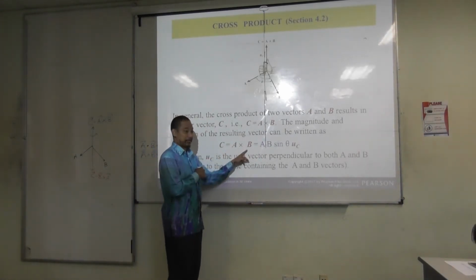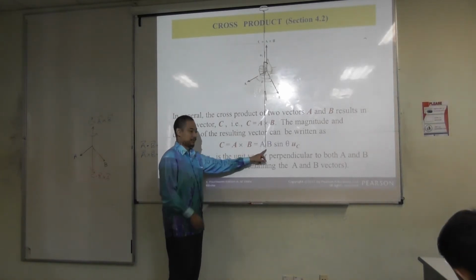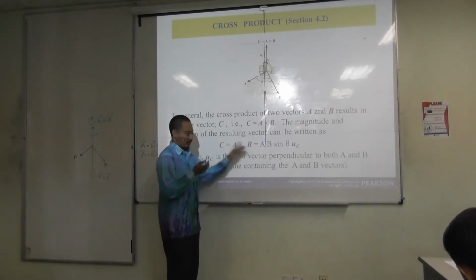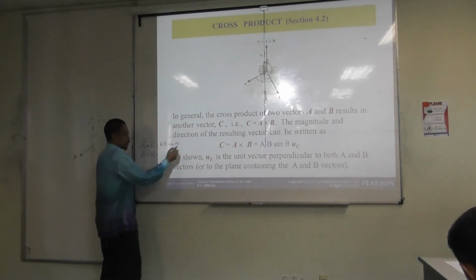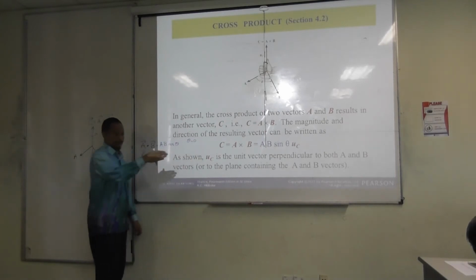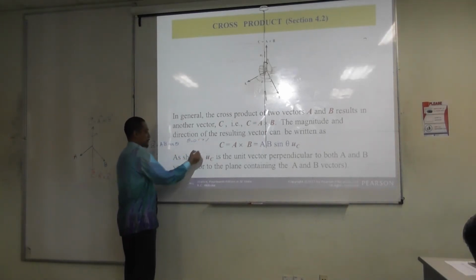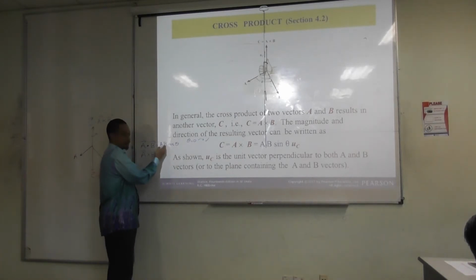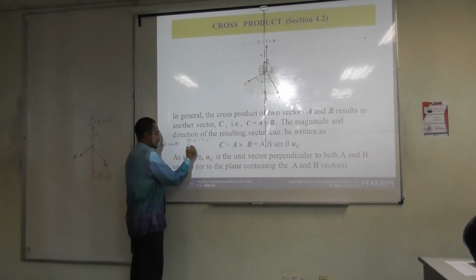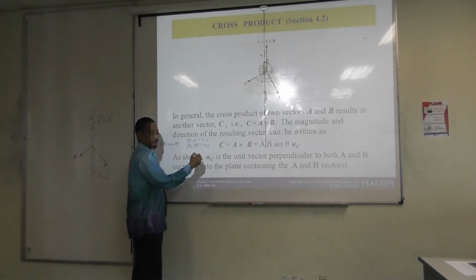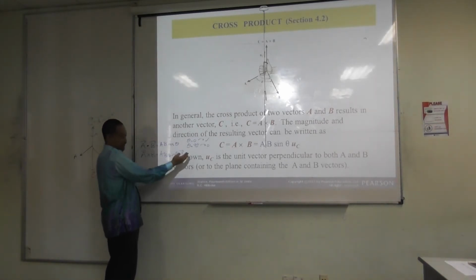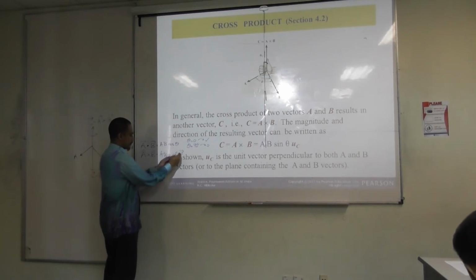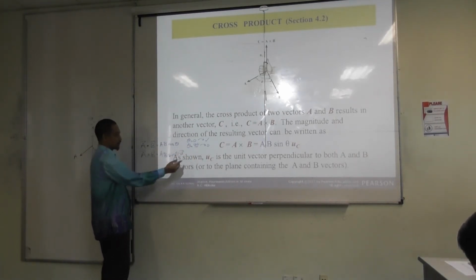From this equation, if A and B are on the same line, what will be the result? Sin 0. Do you understand my question? Before, A dot B is A B cos theta. So when theta is 0, meaning it's the same line, it will result in a value, because cos is 1, then you have whatever value there. When theta is 90 degrees, it gives 0. But here, A B sine theta, and then you have the unit vector, because it will be ijk.